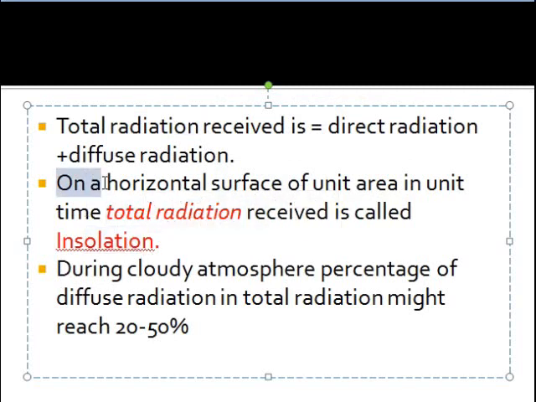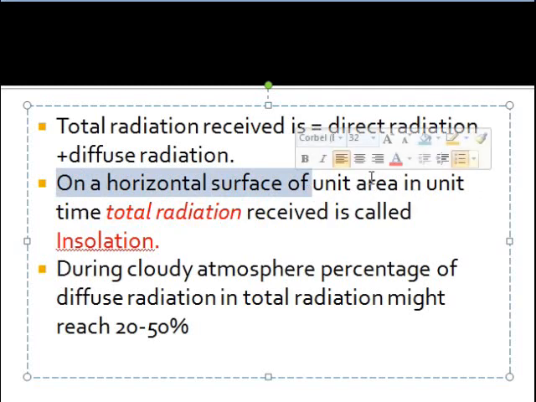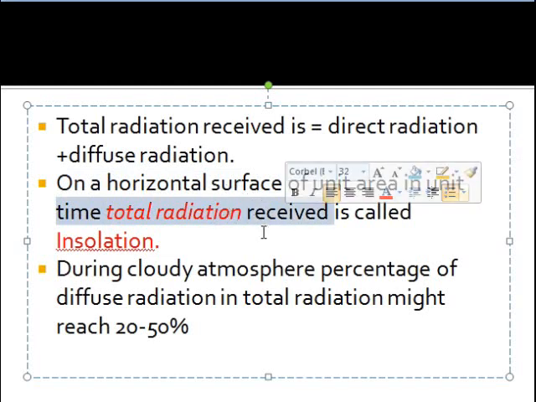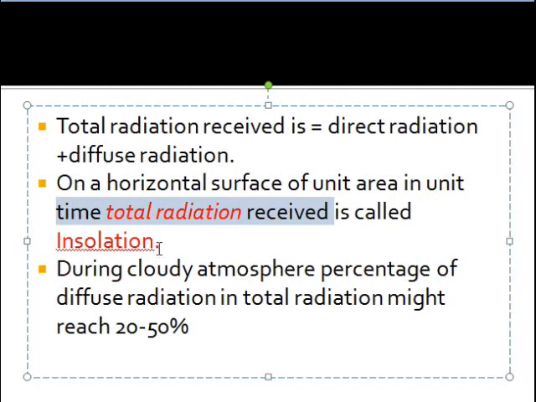On a horizontal surface, if you consider any horizontal surface of some area on the earth, then the energy received by that surface is called insolation, or total radiation.